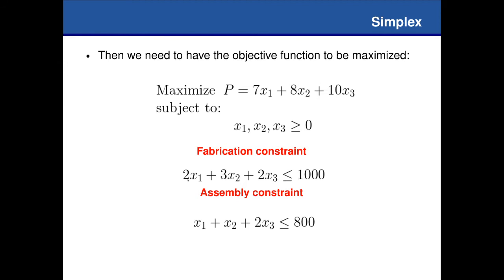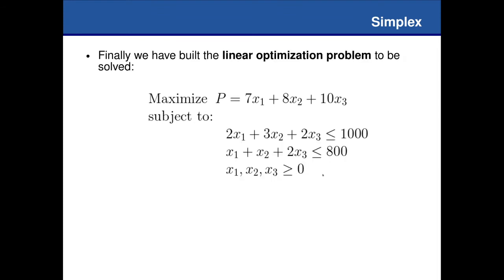Remember, the number of hours I need to fabricate component A is 2 hours, 3 hours for B, and 2 hours for C. And here the assembling cost: 1 hour for A, 1 hour for B, and 2 hours for C. So those will be our constraints, of course, less than or equal, because I cannot surpass those limits. That's my problem. Take a look.